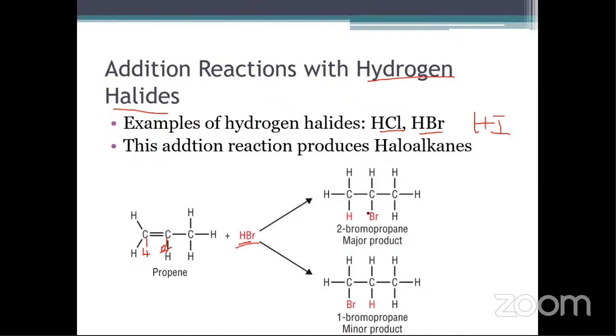So the HBr will go across the double bond and you get your haloalkane as well, right? Bromopropane, 2-bromopropane, and it's 2 because the bromine is on the second carbon, and you can also get 1-bromopropane.